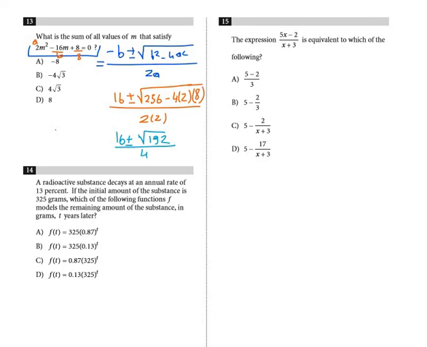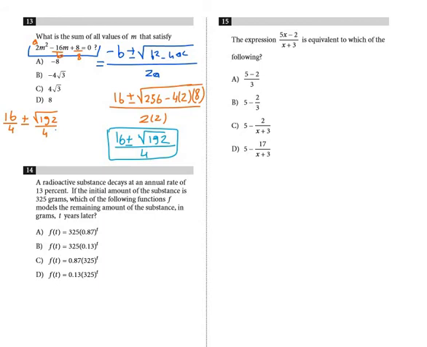Now we're going to separate. This is the answer for the m value. Now we're going to separate this. So it is going to be 16 over 4 plus or minus the square root of 192 over 4. You don't need to simplify this because they are looking for the sum of the values of m. So we have two m values.